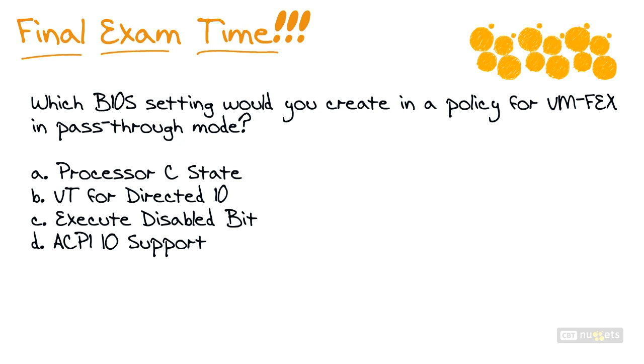Which BIOS setting would you create in a policy for VMFX in pass-through mode? Oh my goodness. Remember we had those, I think it was about 7 different settings in 2 different areas that we had to equip in order to make sure VMware FEX in pass-through mode functions. Processor C state, VT for directed I/O, execute disabled bit, or ACPI10 support. Guess what?